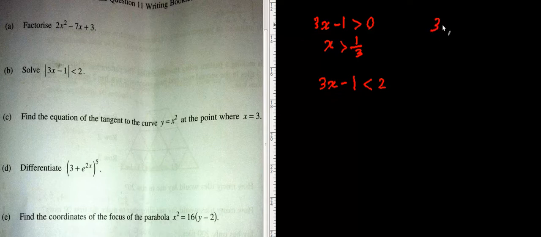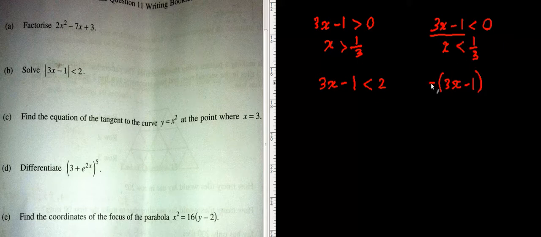Now, if 3x minus 1 is negative, which implies x is less than a third, then I need to consider the case when, basically, that's minus of (3x minus 1), because remember my 3x minus 1 is negative.